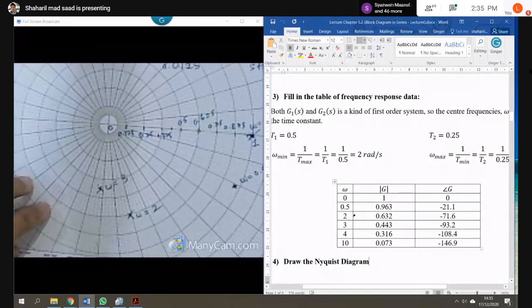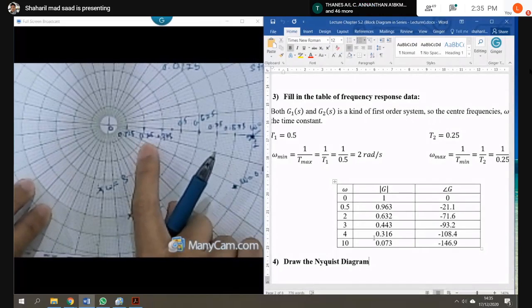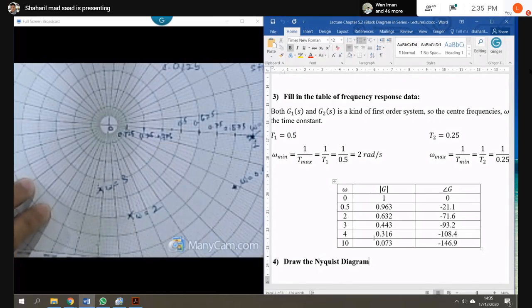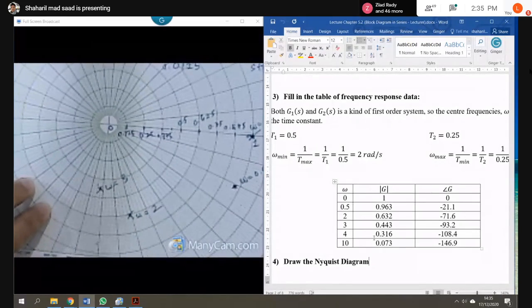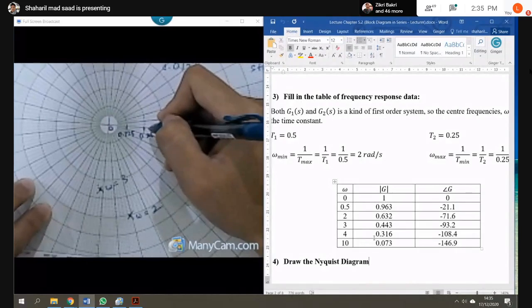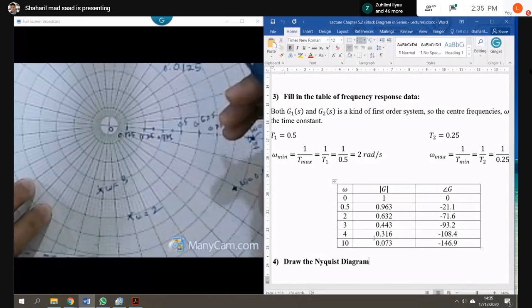Alright, and then 0.316, so in between 0.25 until 0.375 here. So you can calculate 0.316 minus with 0.25 divided with 0.0125. So it also requires 5 steps. 1, 2, 3, 4, 5 here.